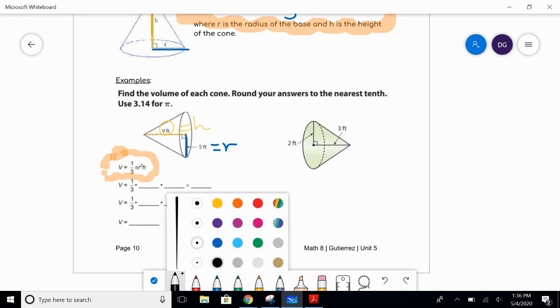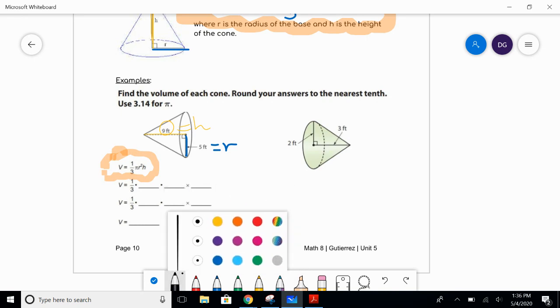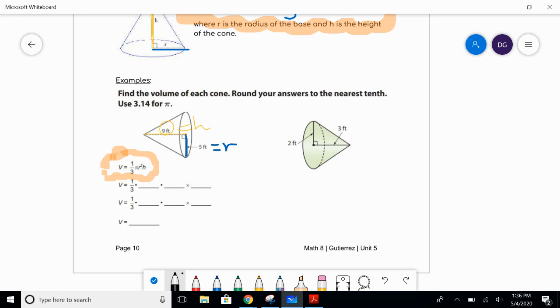For pi, we're going to use 3.14, right? So we have volume is equal to 1/3 times 3.14 times r squared. Our r here is 5 squared times h, which is 9.